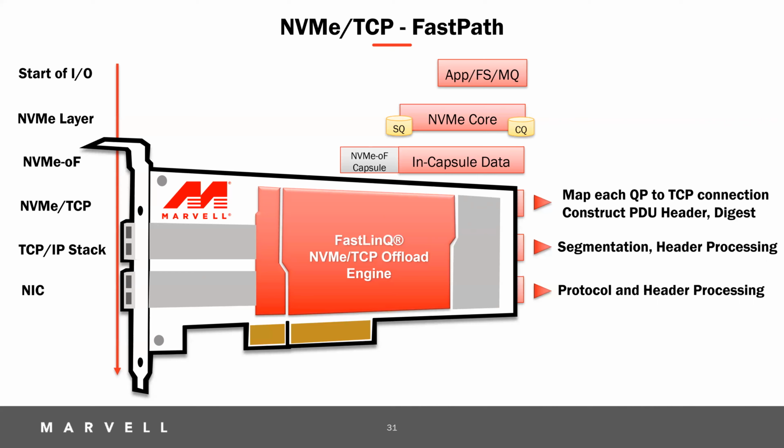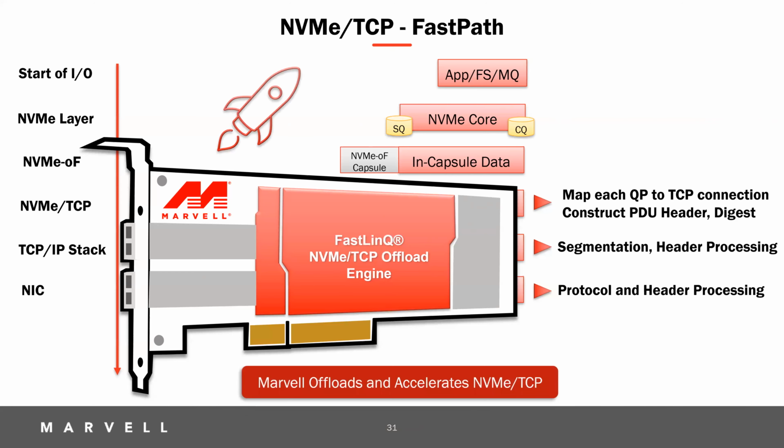What that delivers is accelerated performance. You get better latencies, you get higher IOPS, and more importantly, you free up your server CPU to run applications that create business value for you. You don't spend your precious processor cycles on just transacting NVMe over TCP data.